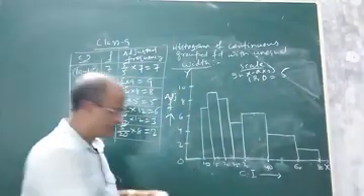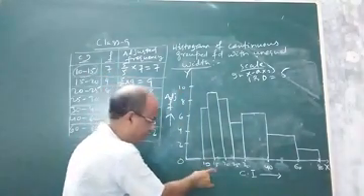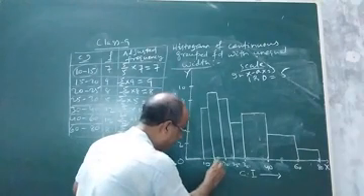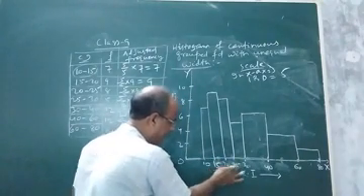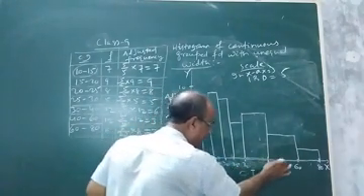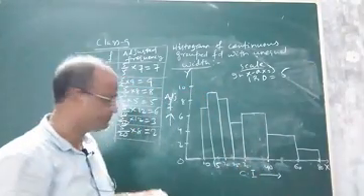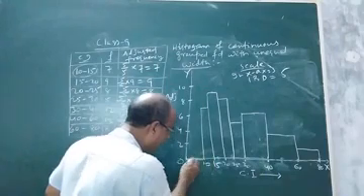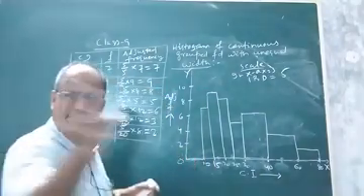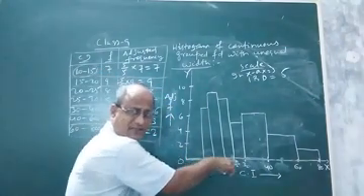But look, the scale starts from 10, 15, 20, 25, 30, 35, 40, 45, 50, 55; these are all missing. So here the scale does not start from the origin, it starts from 10 along the x-axis.